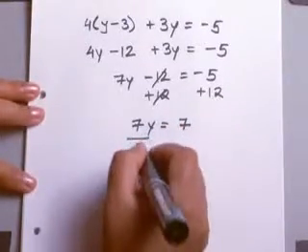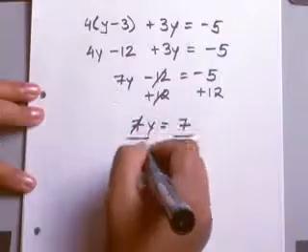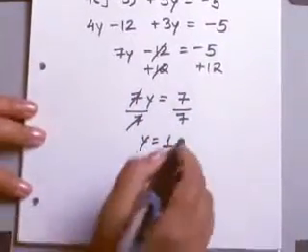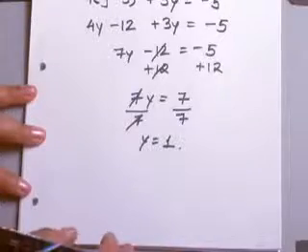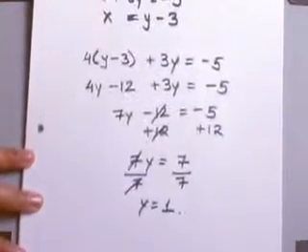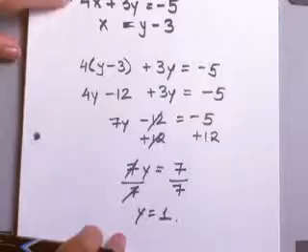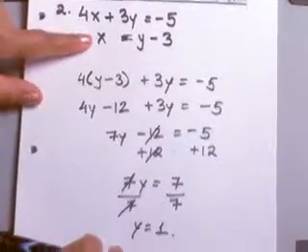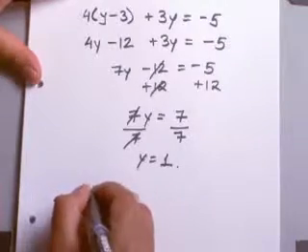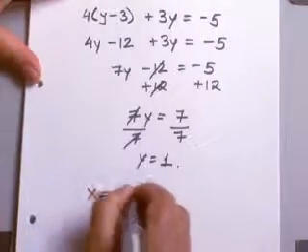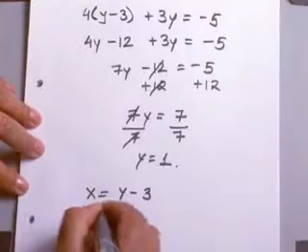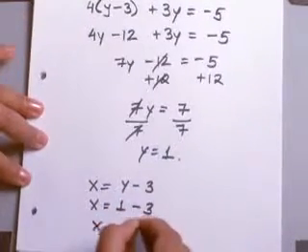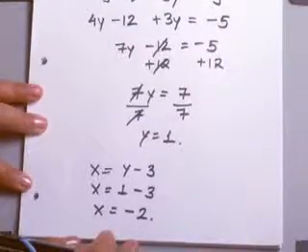Now get y by itself, take your 7 over to the other side, and you will see that we end up with y equals 1. Again, we'll substitute the value of y into one of these equations and find the value for x. We'll use the second equation, where x equals y minus 3. If y equals 1, then x will equal negative 2.